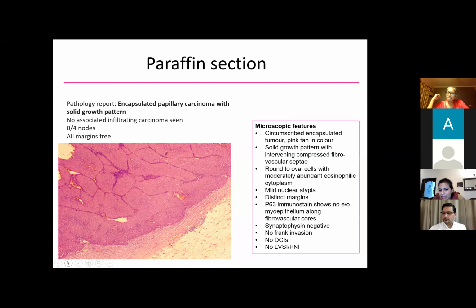But in case there is any invasive carcinoma, then your staging and management change depending on that component. So here, this is an encapsulated papillary carcinoma, so it's an in situ lesion, just like your DCIS, this would also be labeled as pTis.